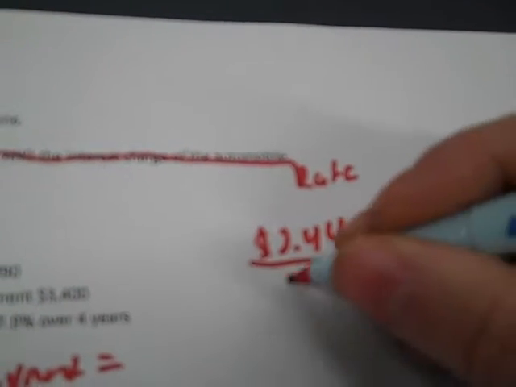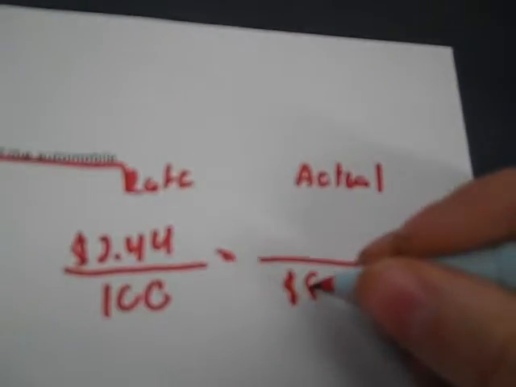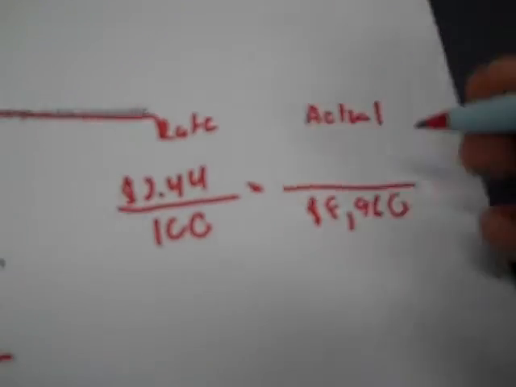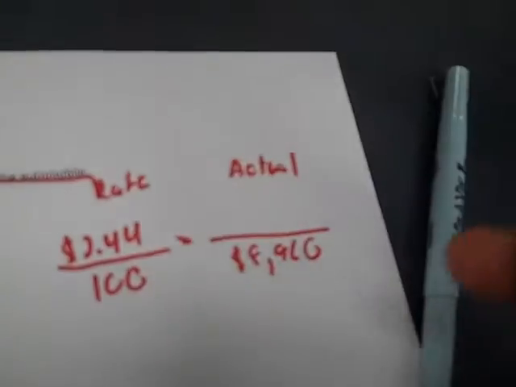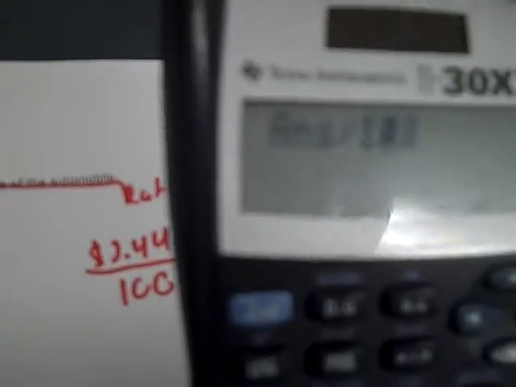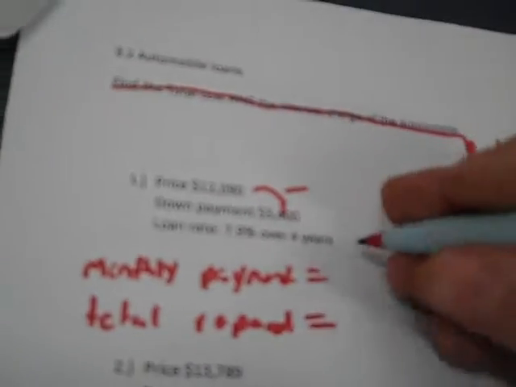And again, that's per 100. Now to find the actual, you minus those. Okay, 8,960. And then I cross multiply and divide. So 2.44 times 8,960 divided by 100 is $218.62.